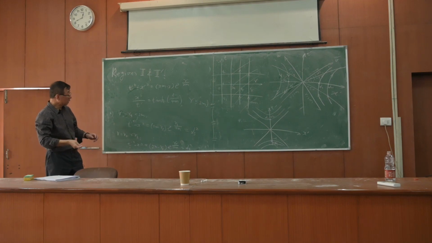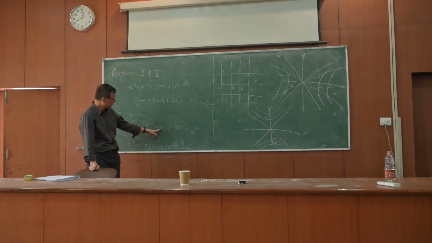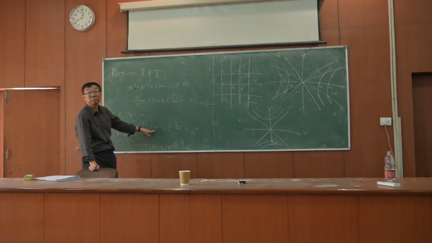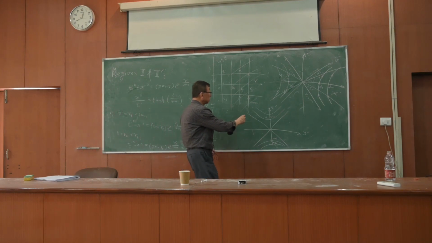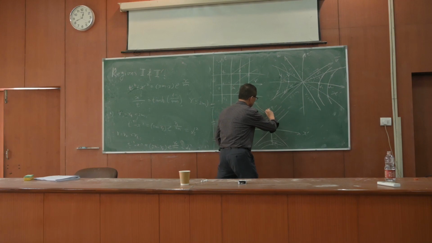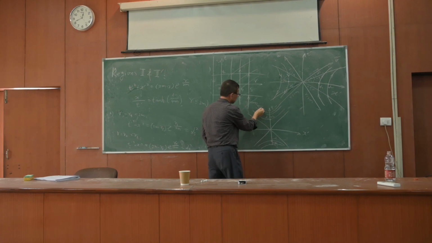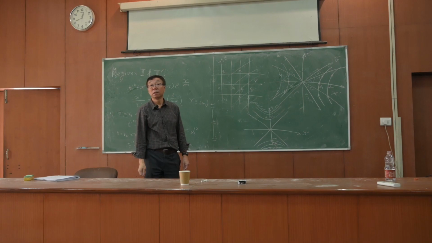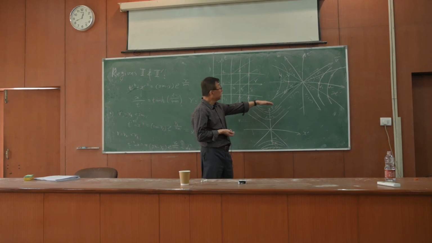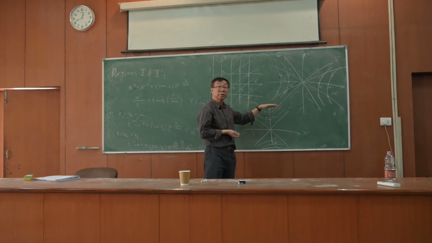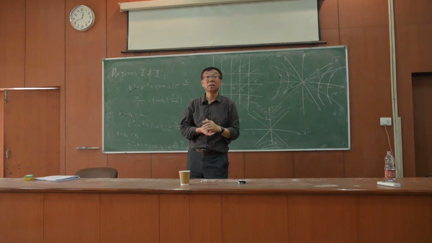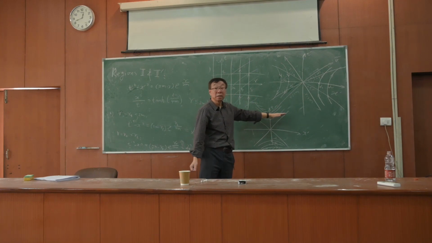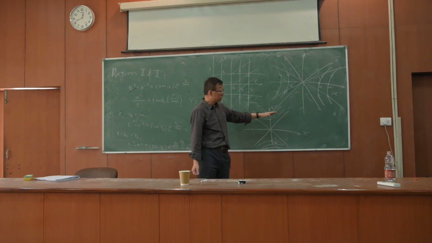R equals 0, R equals 0 is actually 2M. This is 2M. R equals 0, this will be the singularity. Okay? Now you remember, inside the black hole, R equal constant, R becomes time, right? So that's why you see now this is timelike.